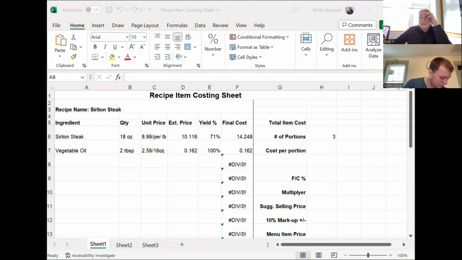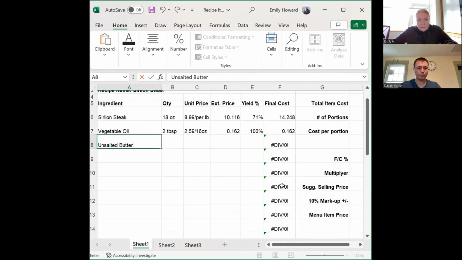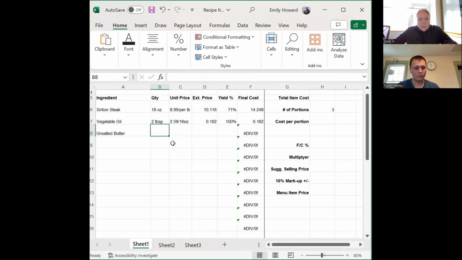All right, Hannaford unsalted sweet cream butter quarters. There we go. Okay, unsalted butter, how much do I need? Hold on. 5 tablespoons unsalted butter.